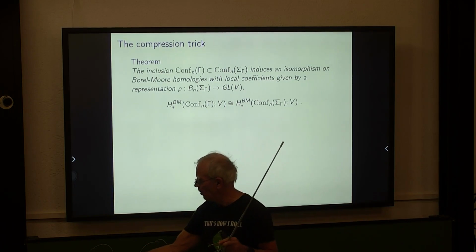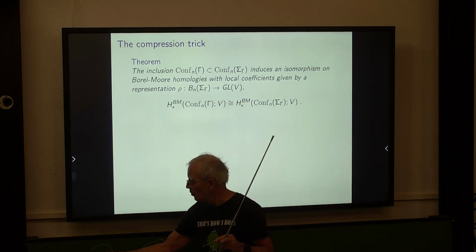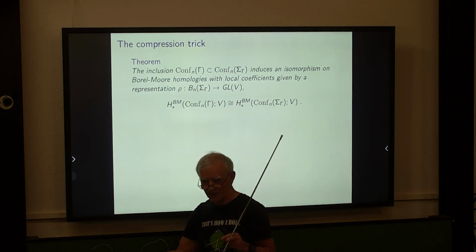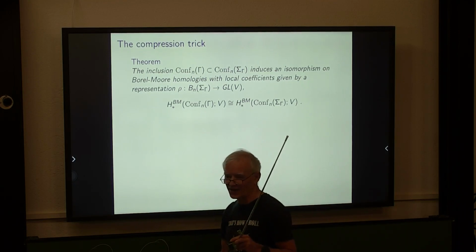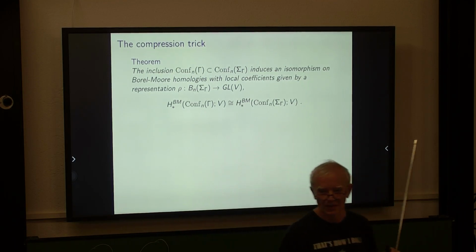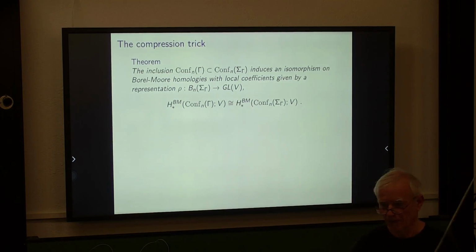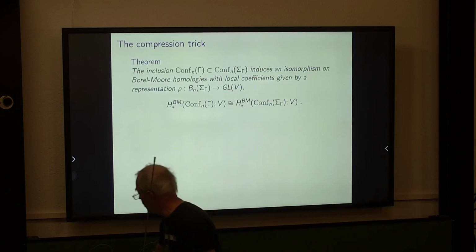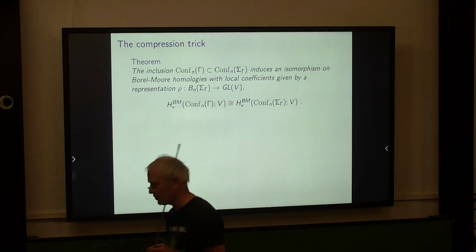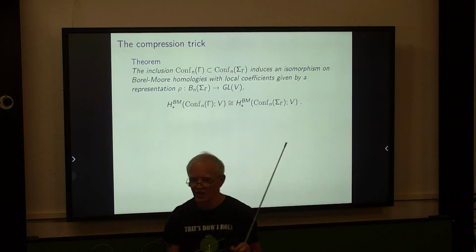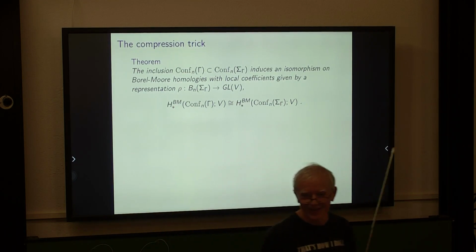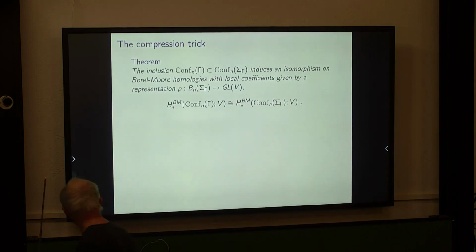Pi 1 of, sorry, Bn of this graph and Bn of this graph are not the same. Bn means the braid group. But it's almost trivial for the left graph. Here it's a Z. You take 2 points, you take 2 edges, and you can just rotate. The generator will do this.